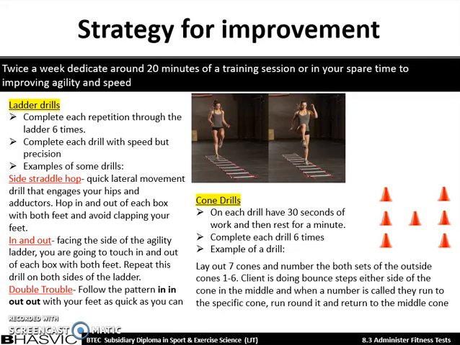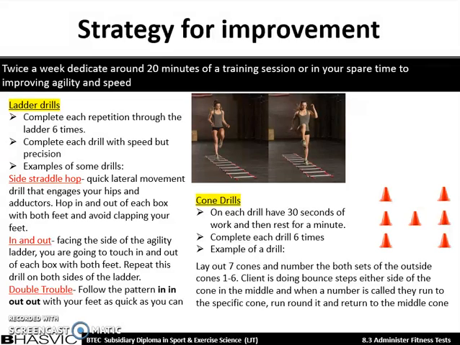So I've said here twice a week I would like my client to dedicate around 20 minutes of training, of a training session or in spare time to improve agility and also speed. So agility and speed are kind of interlinked. So one way to help improve is ladder drills.